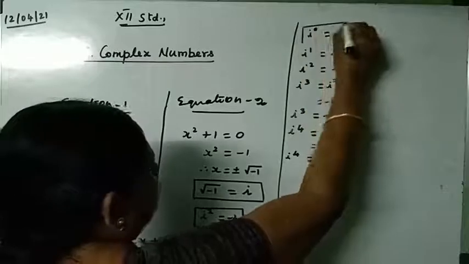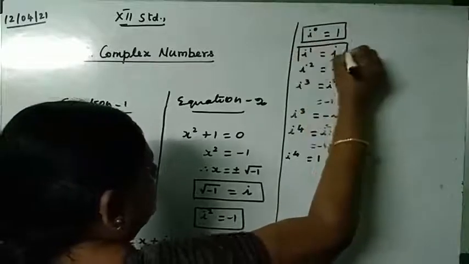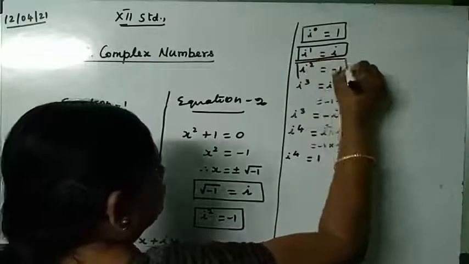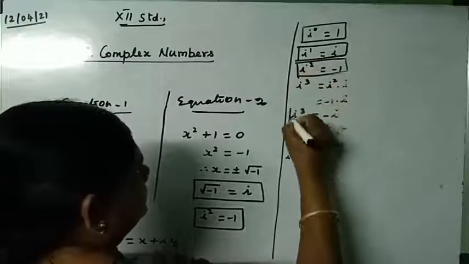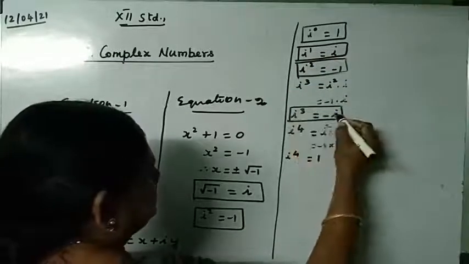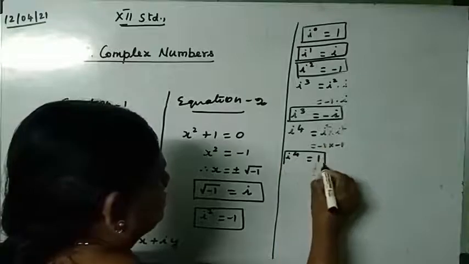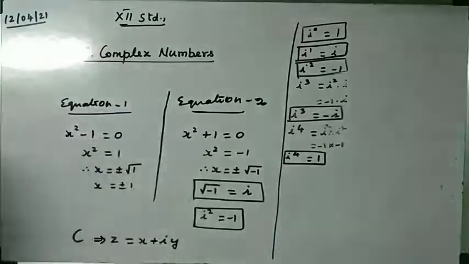So, i power 0 is 1, i power 1 is i, i power 2 is minus 1, i power 3 is minus i, i power 4 is equal to 1.